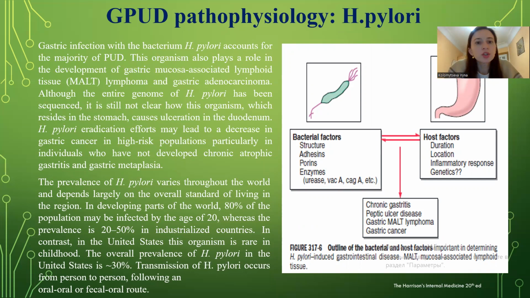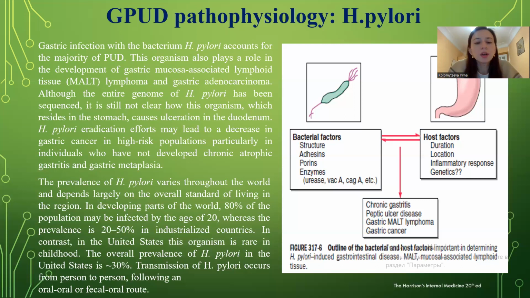Although the entire genome of Helicobacter pylori has been sequenced, it is still not clear how this organism, which resides in the stomach, causes ulceration in the duodenum. Helicobacter pylori eradication efforts may lead to a decrease in gastric cancer in high-risk populations, particularly in individuals who have not developed chronic atrophic gastritis and gastric metaplasia.